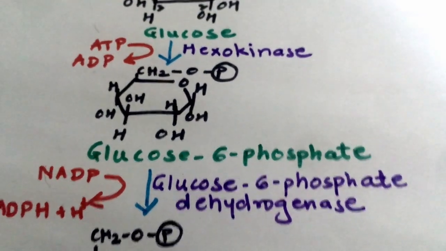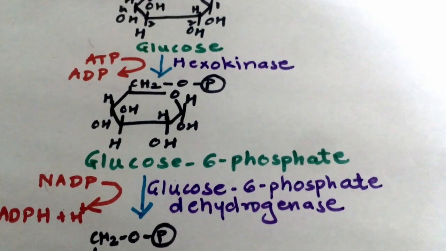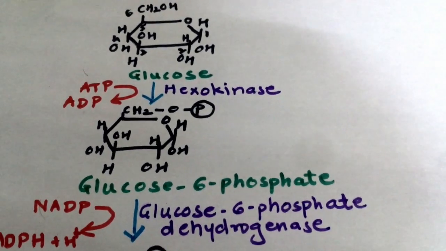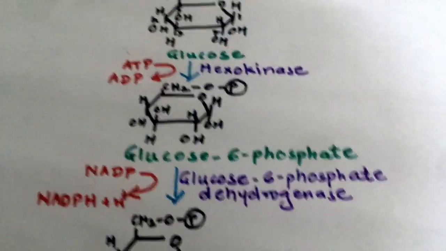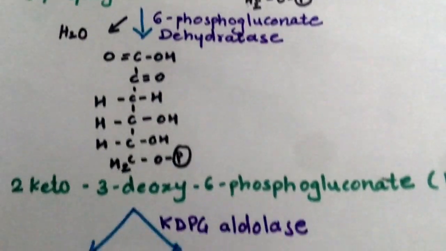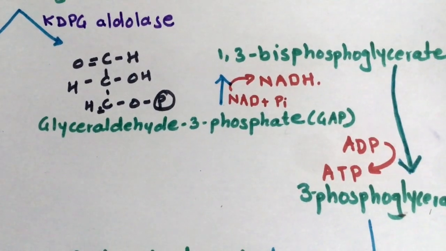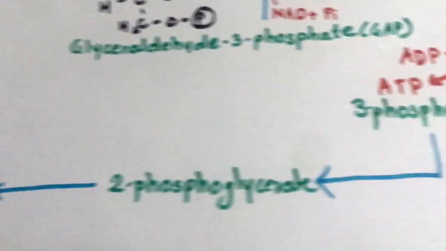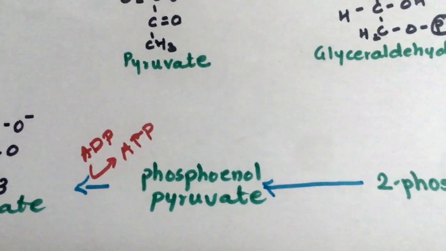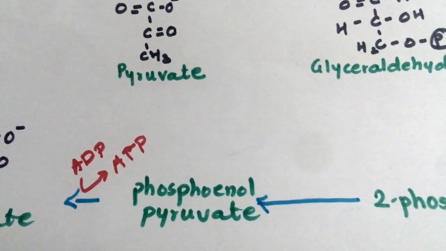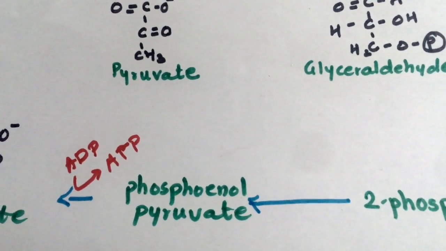Let us learn about the energy calculations. Just like glycolysis, in the first step, ATP is invested. One ATP molecule is invested. Let us calculate the ATP. Here only one ATP molecule is generated, and in the next step another ATP molecule is generated. So we can say that ultimately one ATP is invested and two ATPs are generated.